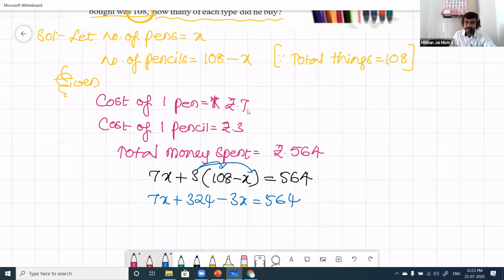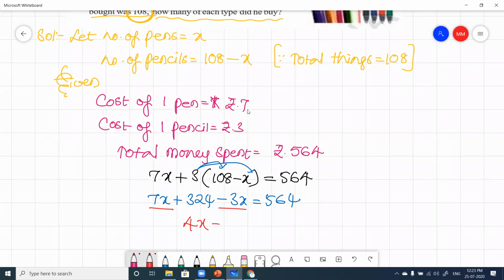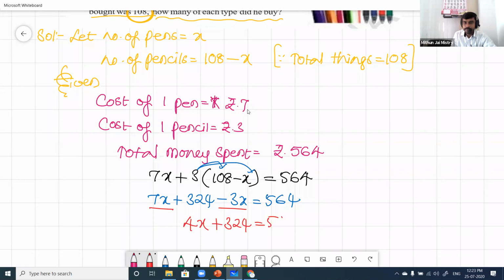Do one thing. Add the like terms. 7x minus 3x. Not add, here subtraction we got. So 7x minus 3x is 4x. And what we have remaining, plus 324, is equals to 564. Now take this 324 to the other side. That is transpose.